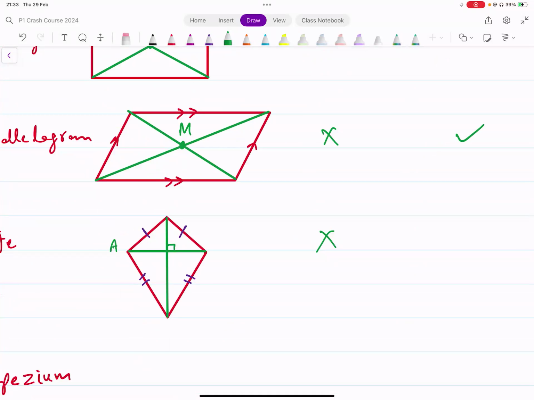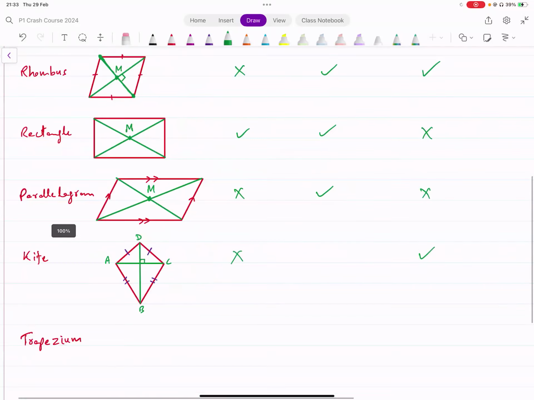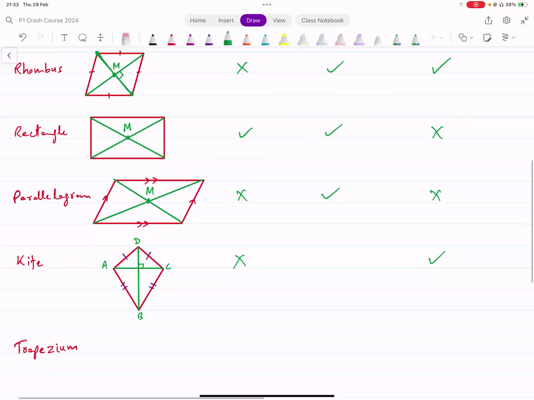Let's name these vertices A, B, C, and D. They do not meet at the midpoints for both diagonals. However, let's call this point X. This point X is the midpoint of AC, but it's not the midpoint of BD.